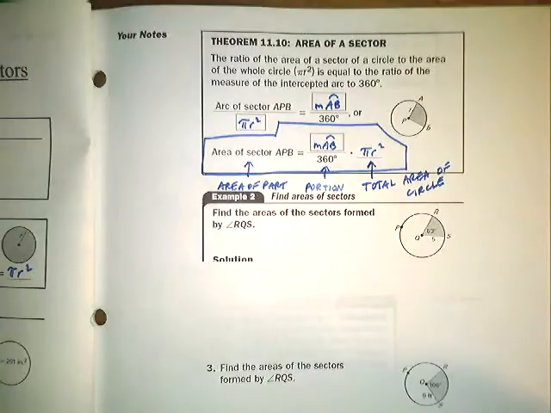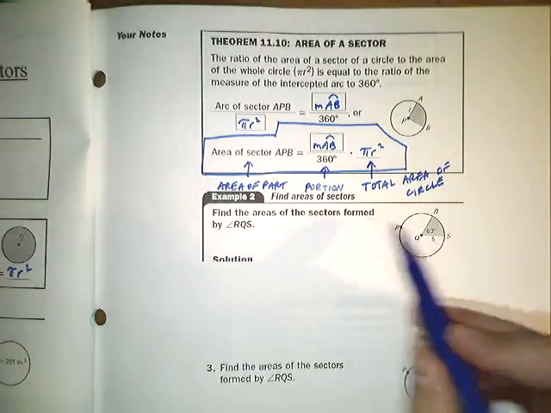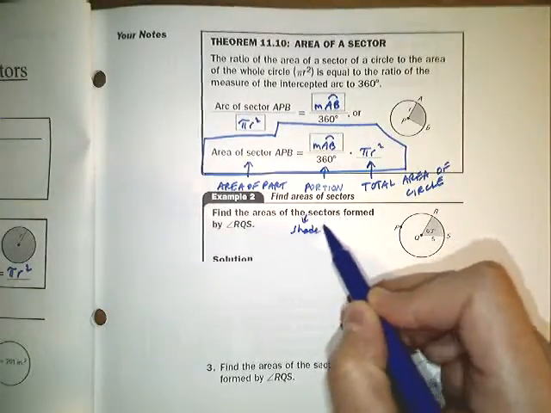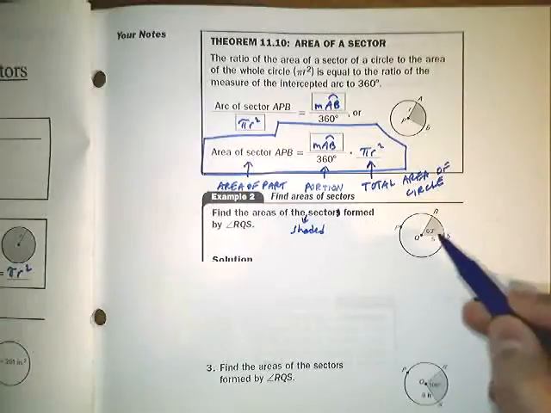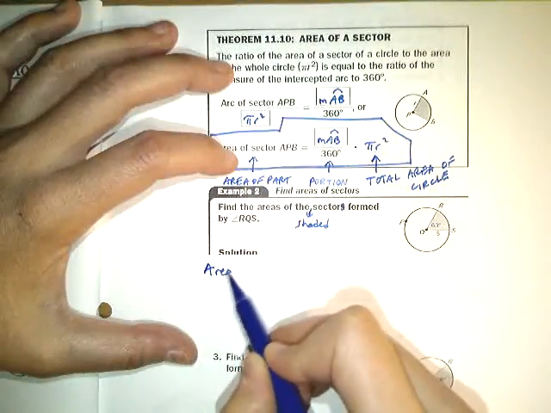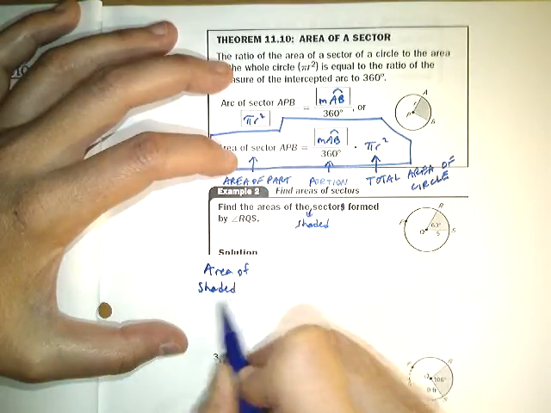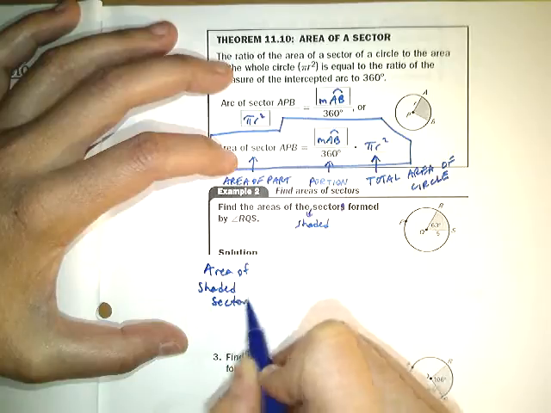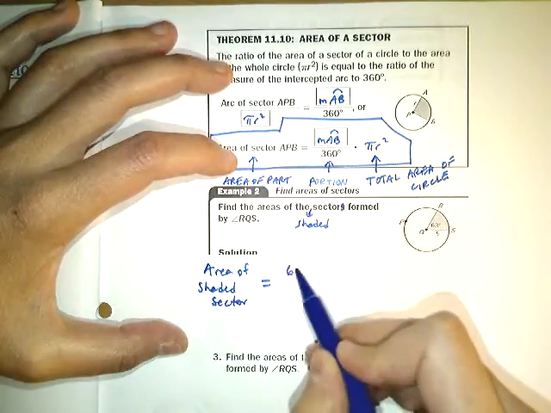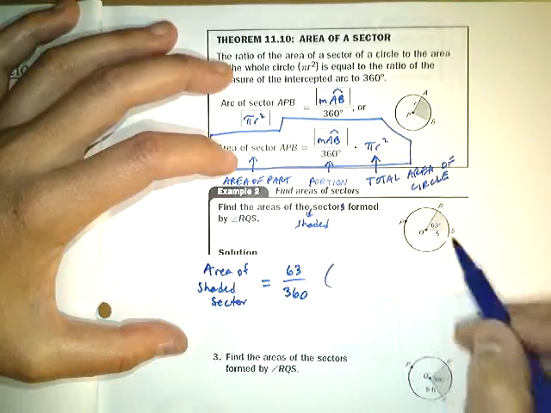So let's try that on example number 2. Now I know it says that they want you to find the area of the sectors. Let's just say we want the area of the shaded part, the shaded sector. So that's this one. The area of the shaded sector is, I don't want the whole circle, I want just the 63 degrees out of the 360, out of the area of the whole thing.